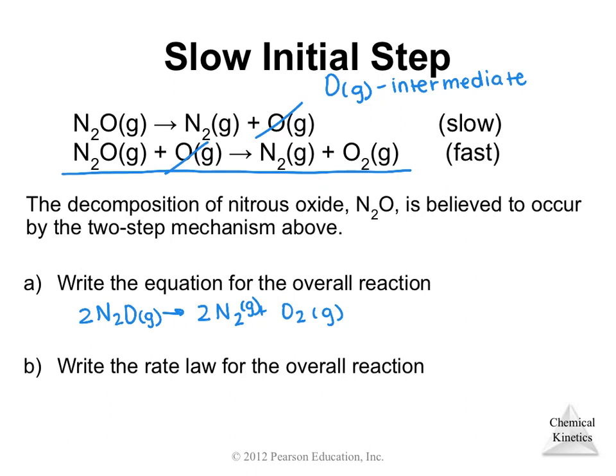Now, since it's a two-step process, I can't determine my rate law from the overall. I have to determine it from my elementary steps, and specifically my slow step is my rate determining step.